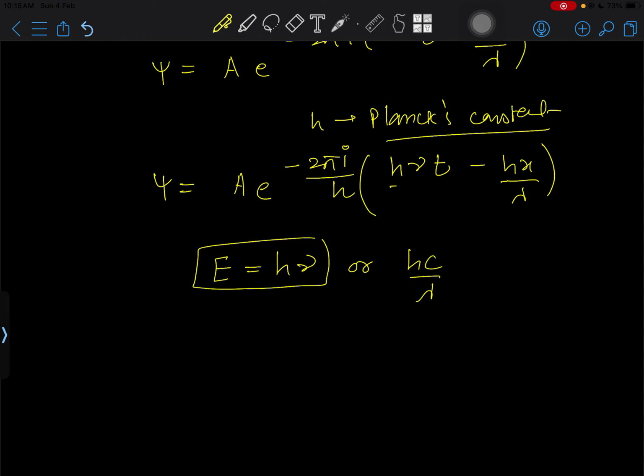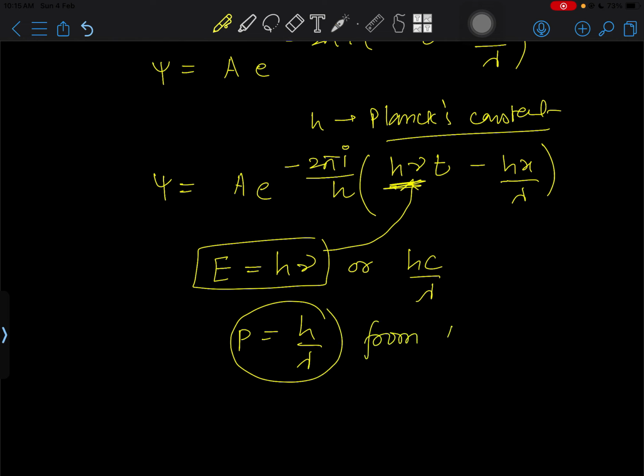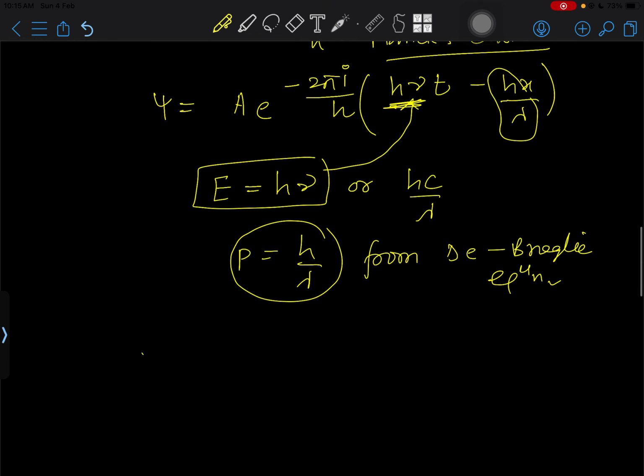So in place of h nu, we would write energy, and we also know that p is equal to h upon lambda from the de Broglie equation, which we have seen in the previous videos. So in place of h upon lambda, we can substitute p. So psi is equal to a e to the power minus 2 pi i over h (E t minus p x).